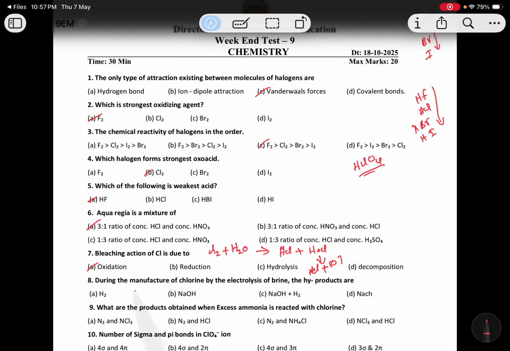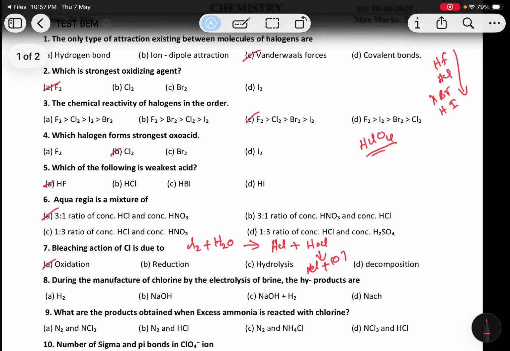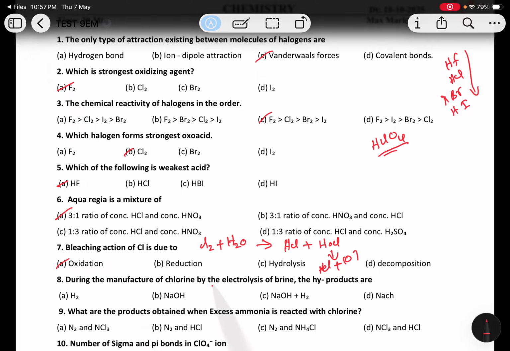Next, 8th one. During the manufacture of chlorine by the electrolysis of brine, the byproducts are A. H2, B. NaOH, C. NaOH and H2, D. NaOH. We know this process is used for the manufacture of chlorine.